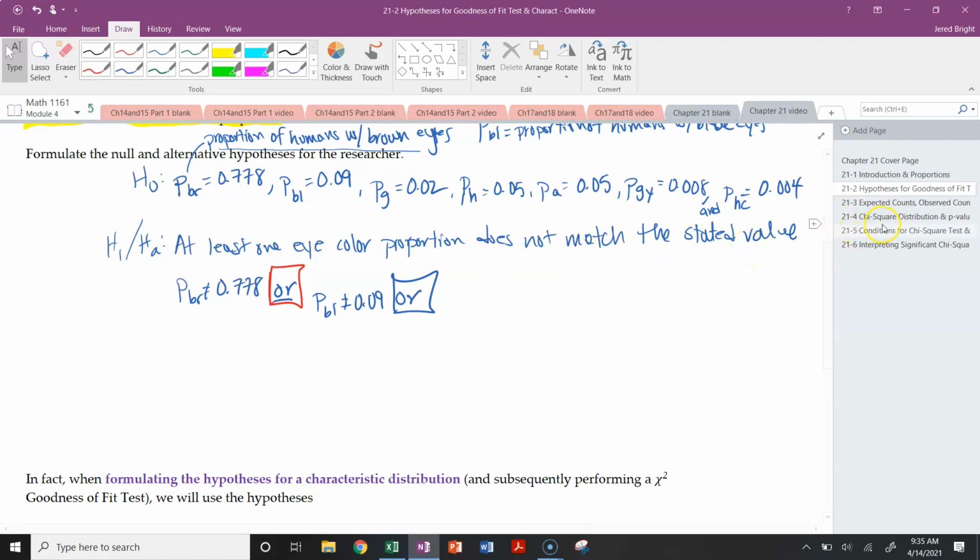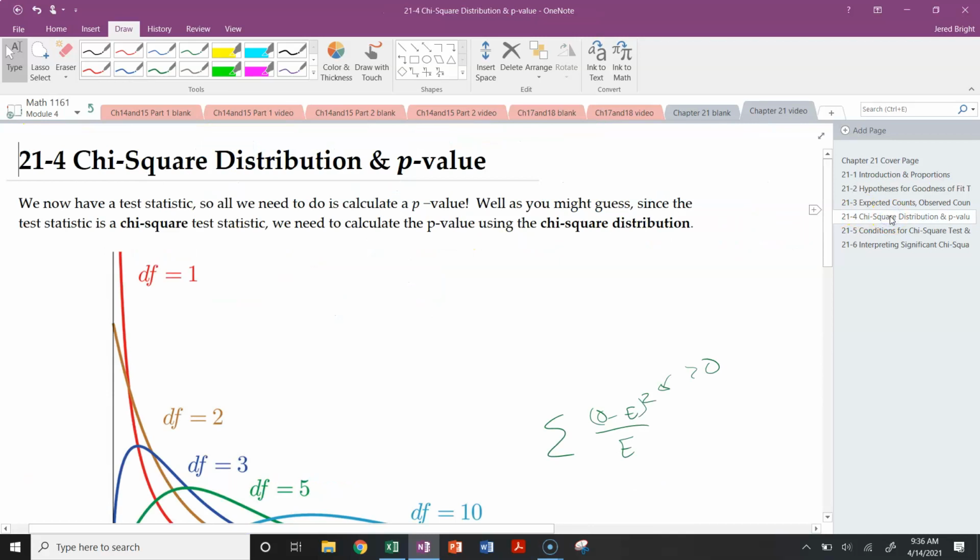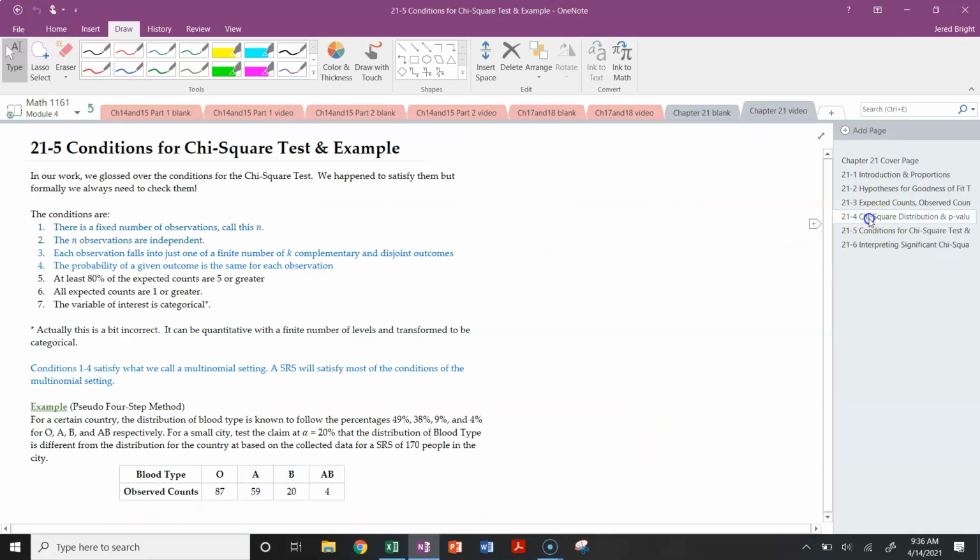Otherwise, you can say p is less than alpha, we reject the null, there is sufficient evidence that this, and then you can go on and say any sources of error, which we don't have just yet.